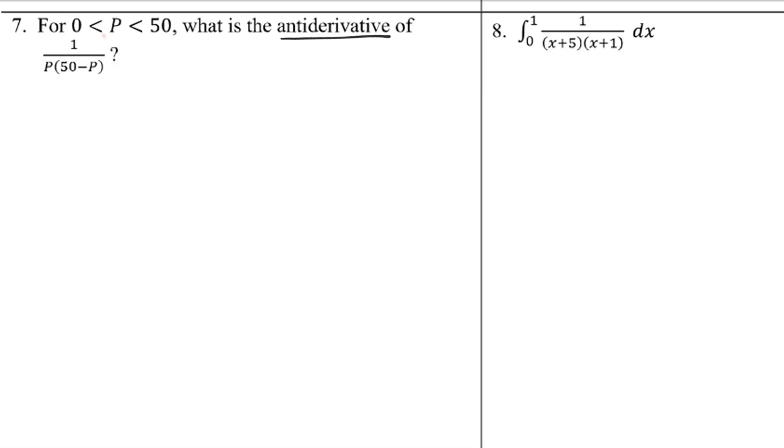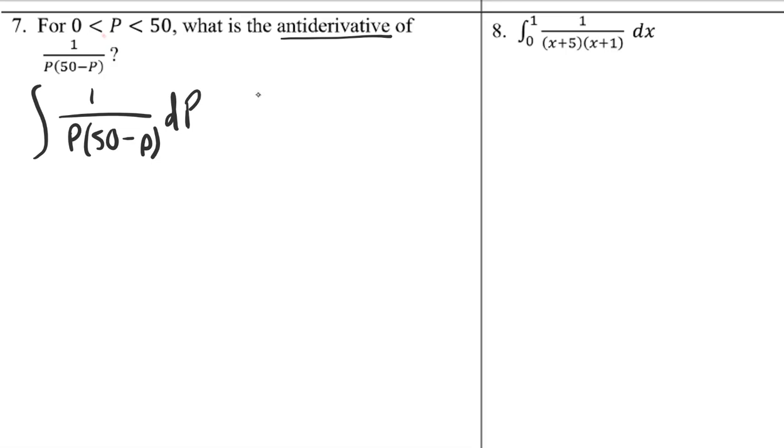But antiderivative is just another way to say integrate. This would need to be dp, because we don't have x's, so no point in putting those in there. And so now it looks like the questions that we have been doing here.